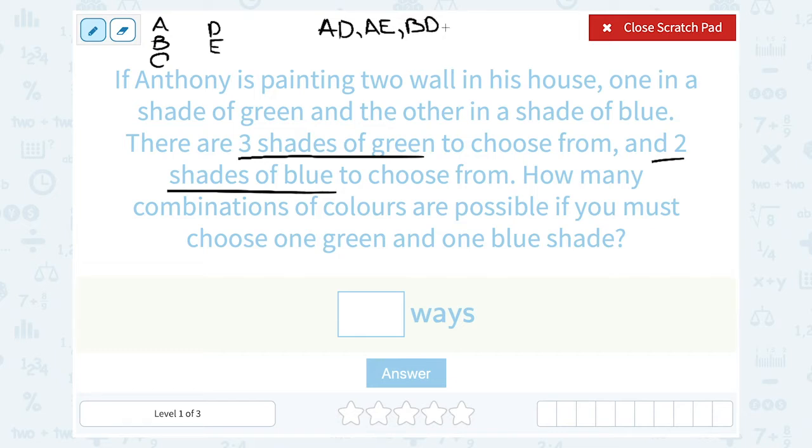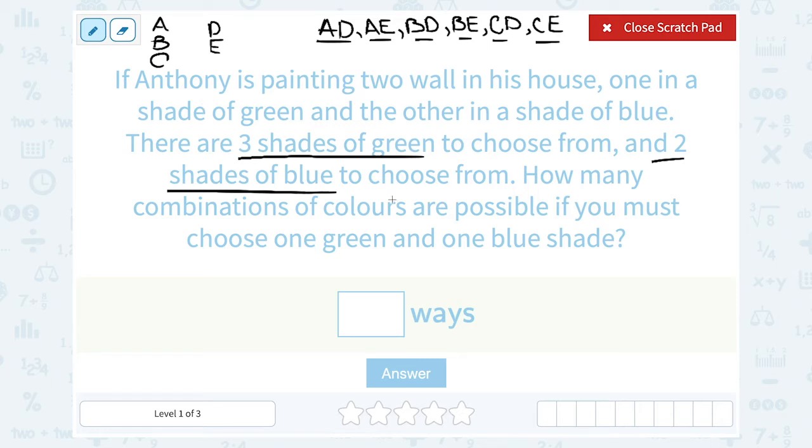With blue color D, or green color B with blue color E. Or the final set is if he chooses the green color C, he could have that with the blue D, or he can have that with the blue color E, right? And that's it. That's all the possible ways you can combine those 3 colors of green with those 2 colors of blue. So there's 1, 2, 3, 4, 5, 6 possibilities.